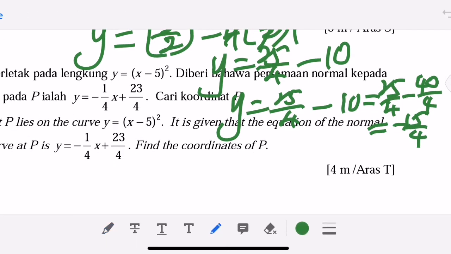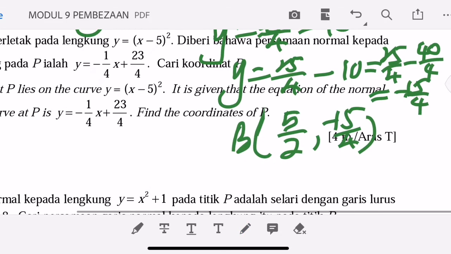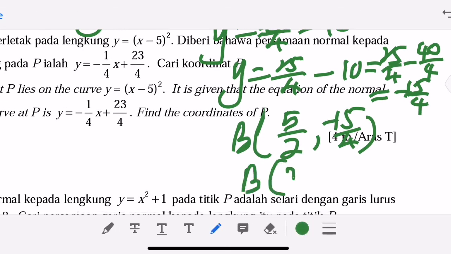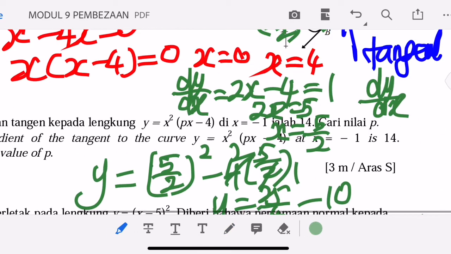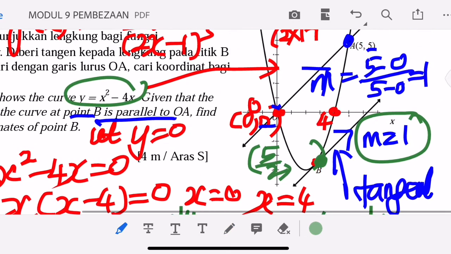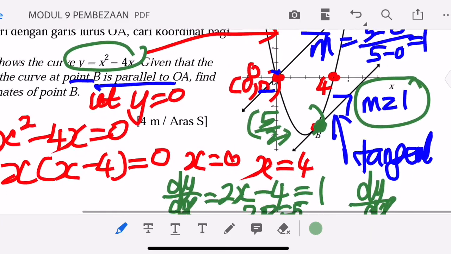So the point B is at 5/2 and negative 15/4. Okay, so if you write in decimal, it will be 2.5 and negative 3.75. Got it? Alright, so use the concept that the tangent to the curve is actually the gradient.